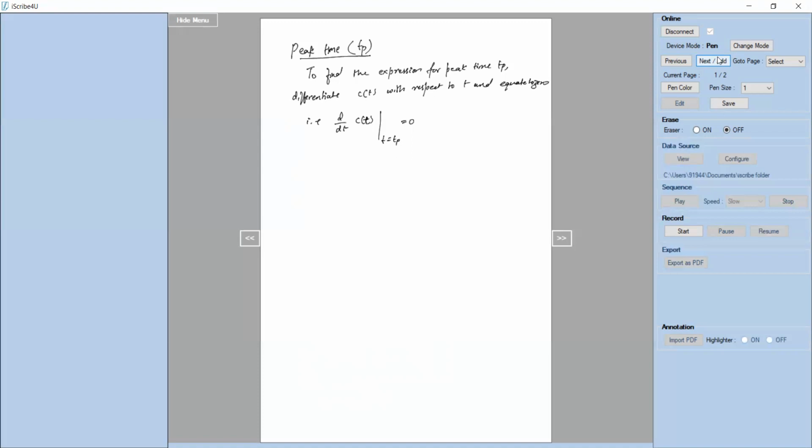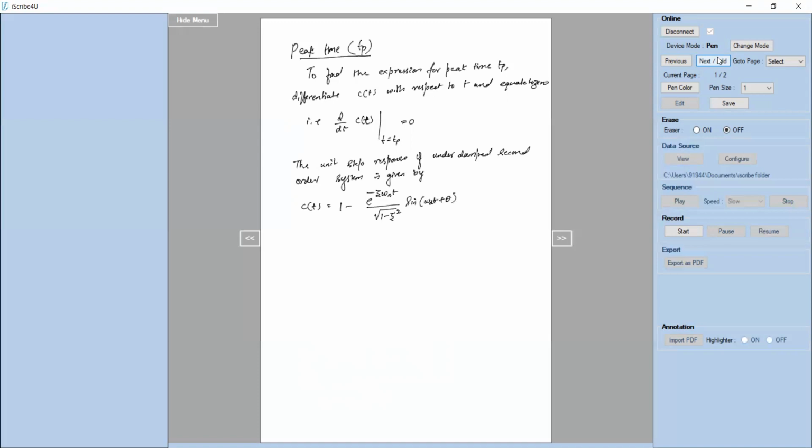The unit step response of an underdamped second order system is given by C of t equals 1 minus e power minus zeta omega n t divided by square root of 1 minus zeta square, sine of omega d t plus theta.